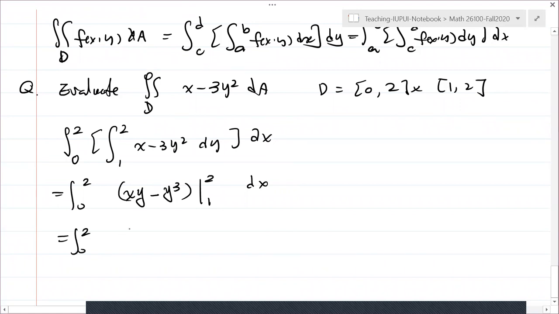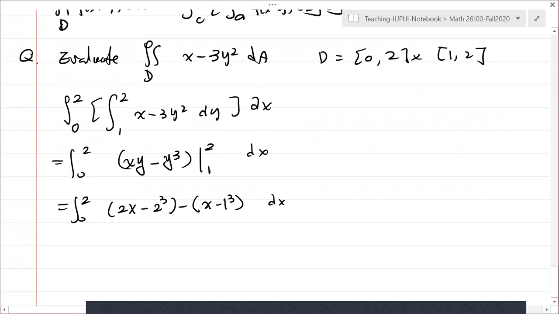I plug 2 for y, and so get 2x minus 2 cubed, minus x minus 1 cubed. After simplifying, I only get x here, 2x minus x, then negative 8 plus 1, so negative 7.